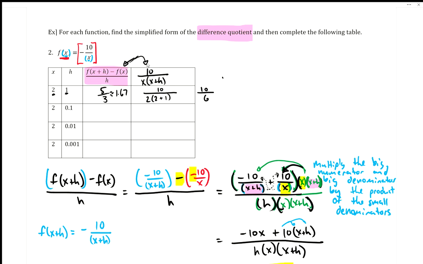Now we're doing the rest of them. Again, it's just setting it up. I have 10 over, still the x is 2, so 2, and then 2 plus, this time it's 0.1. So we've got 10 over 2 times 2.1. Now this is where a calculator will help.